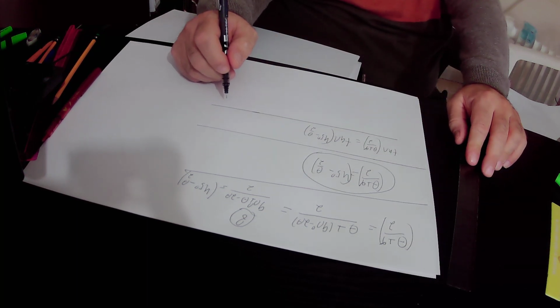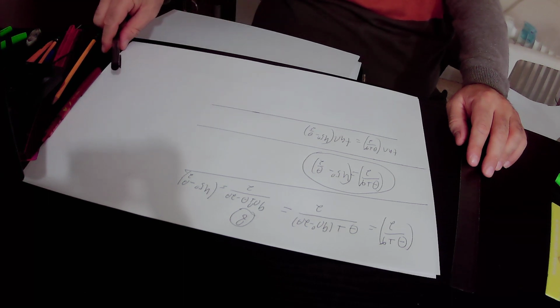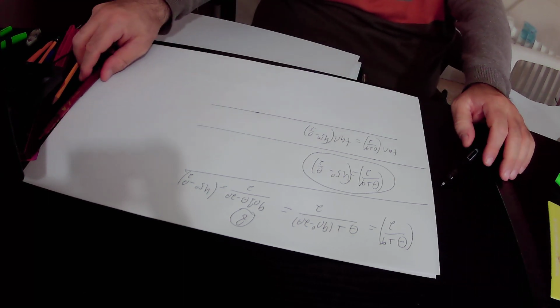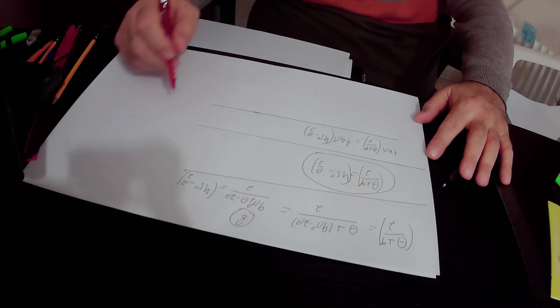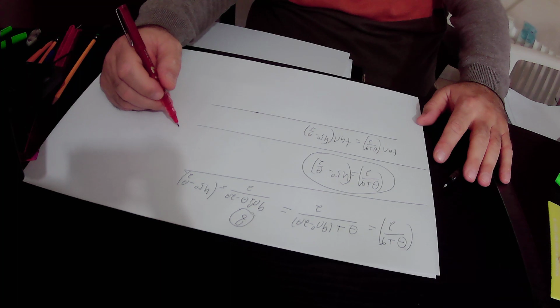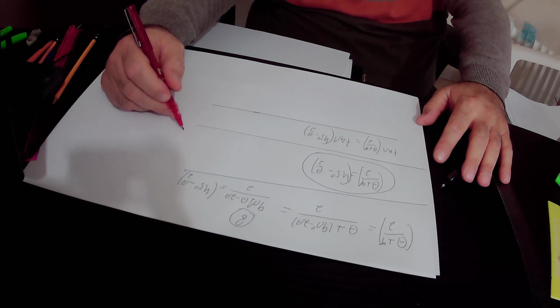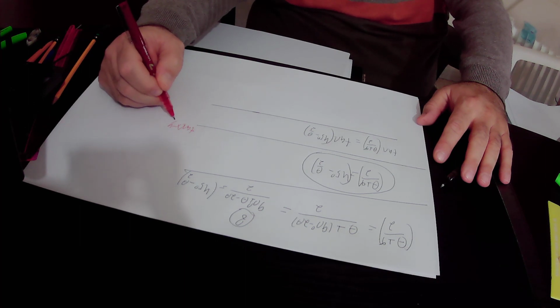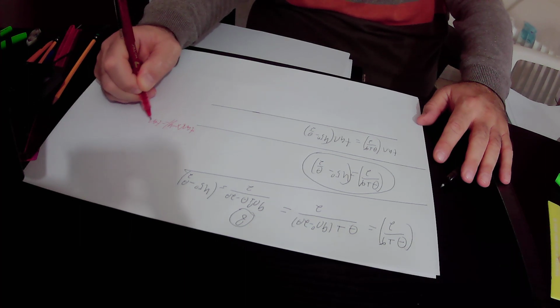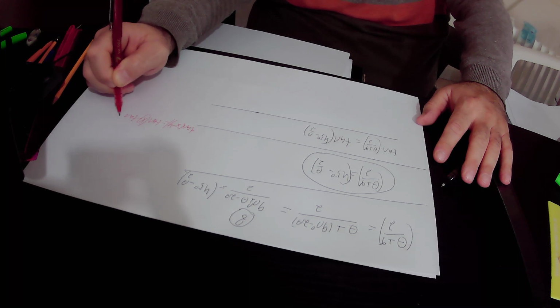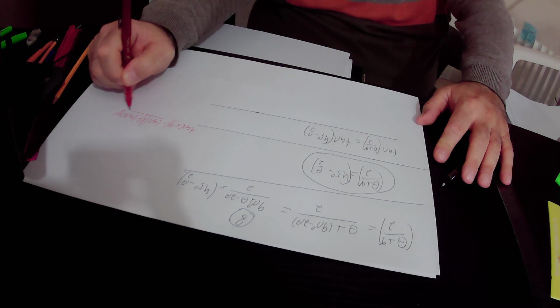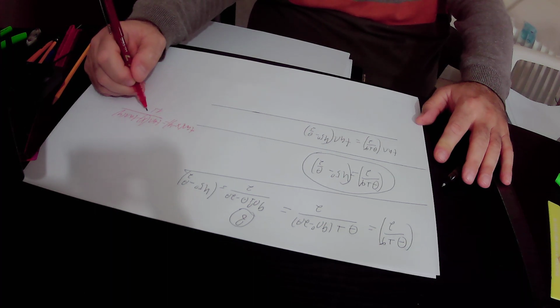We have a trigonometric identity for tangent x minus y, and the value of the trigonometric identity tangent x minus y is equal to tangent x minus tangent y over 1 plus tangent x times tangent y.